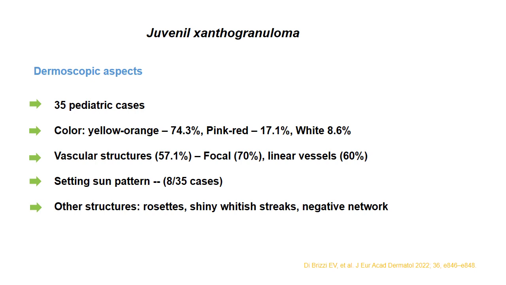The setting sun pattern was present in 8 of 35 cases, meaning that it might be specific, but the whole sign is not present in many of the cases. Other structures like rosettes, shiny white streaks, or negative network were also described.